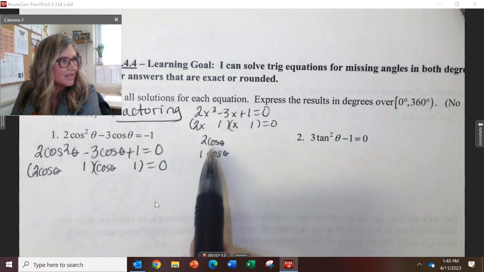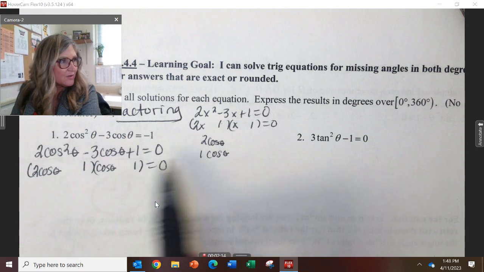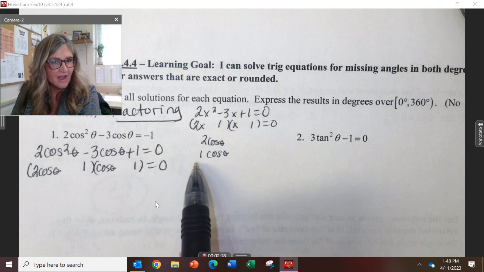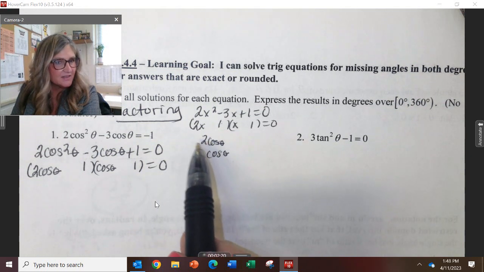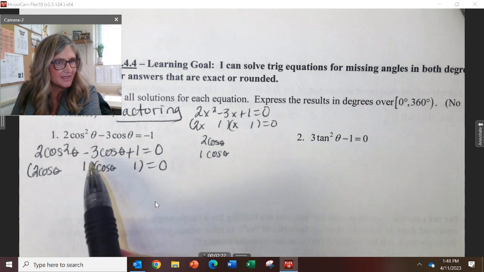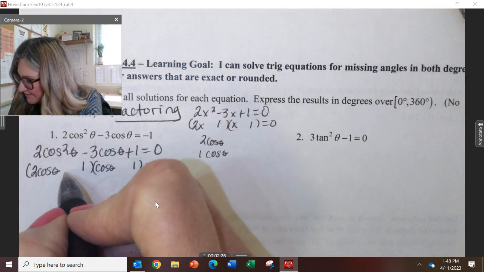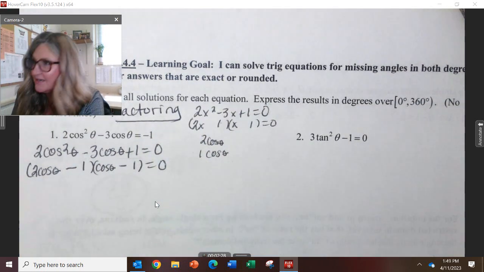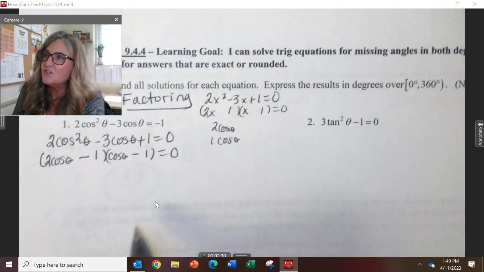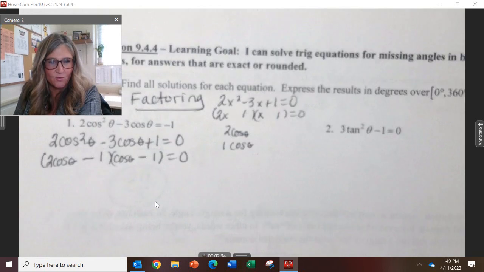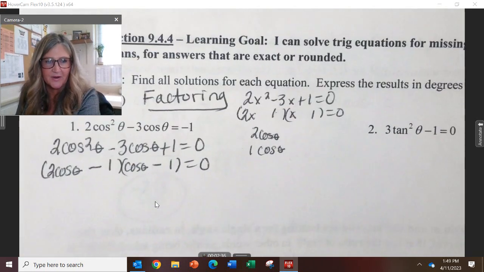When I combine those two, I'm trying to get -3 cosine theta. So what do we need the signs to be to get a -3 when we do the outers and inners? I want to get -3 of these. So what do I need the signs to be to get -3 of them? Negative and negative. So that's a negative and that's a negative. So once I have this completely factored, now I know that one of those factors has to be 0.